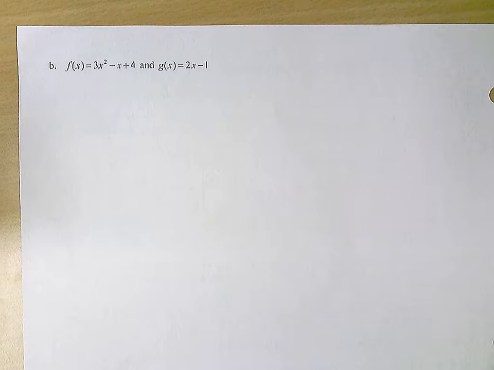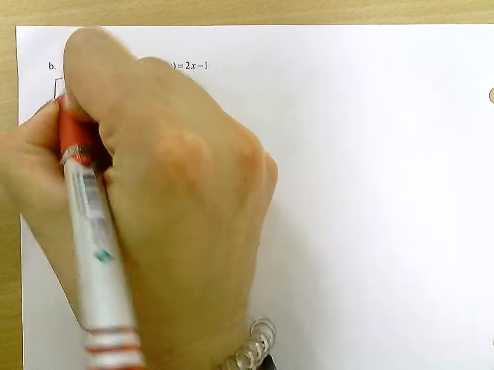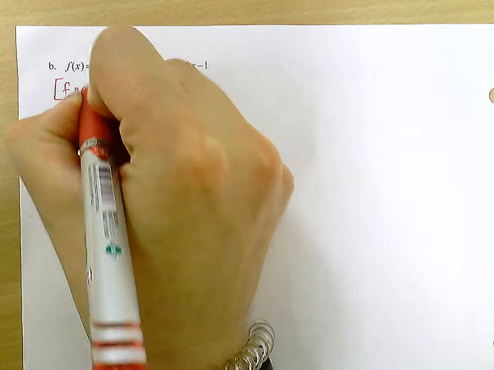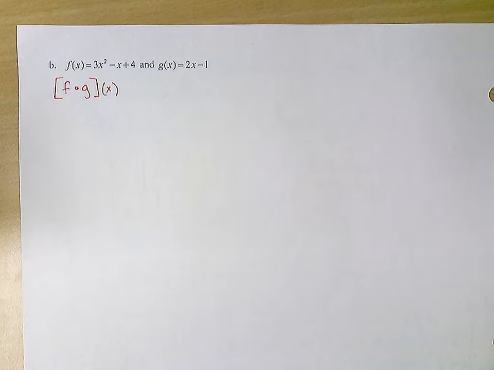All right, so we're going to do a combination of functions now, or composition of functions. Instead of just coordinate points, we're given the function this time. So we do want to find f of g of x and g of f of x. Finding f of g of x, we're going to take our g of x function and plug it in for the x values in f.